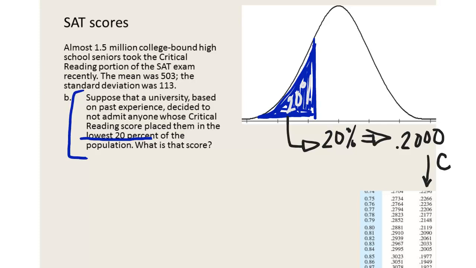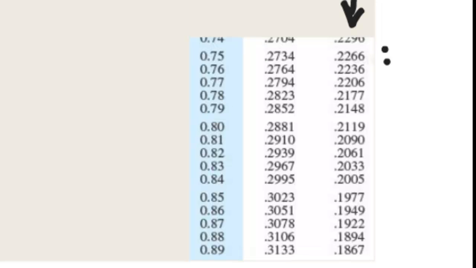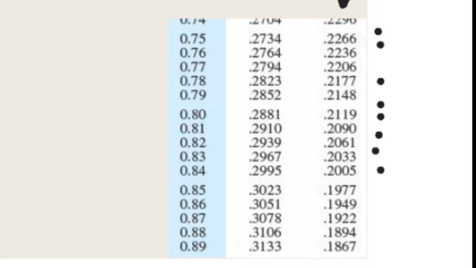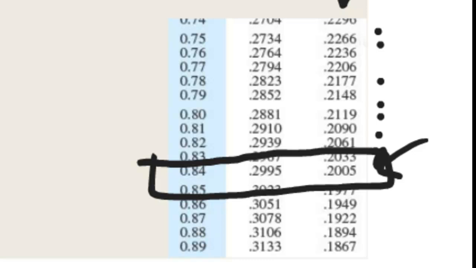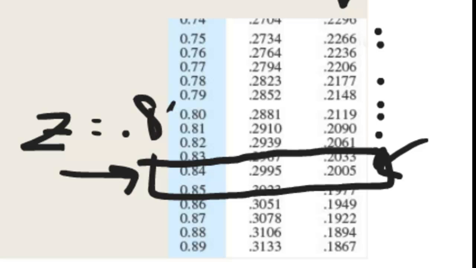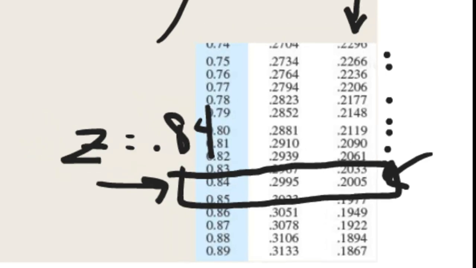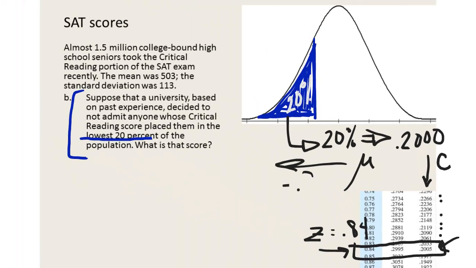20% expressed as a proportion is 0.200, and looking down column C, because it's the tail, I see that 0.2005 is the value closest to 0.2000. If there's one that straddles it and there's just slightly different, take the one that's closer. If they're exactly the same, just choose one, and it won't make that big of a difference in the long run. So z equals 0.84, and important, it's negative 0.84 because it's to the left of the mean.